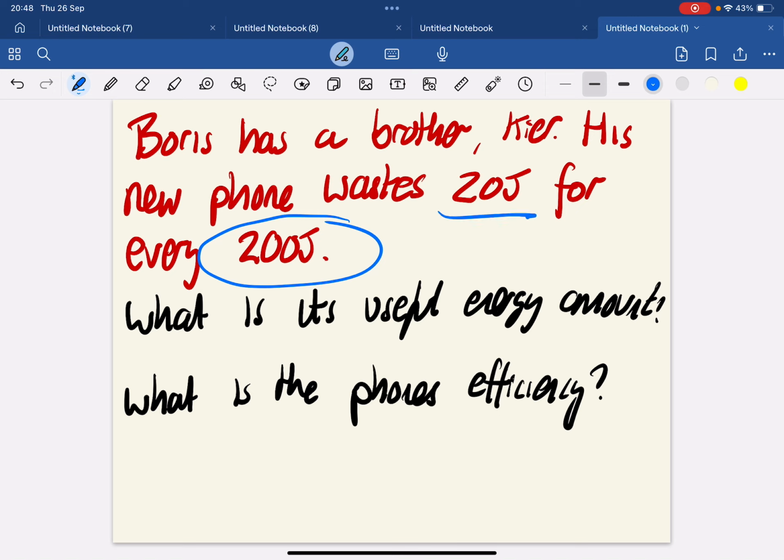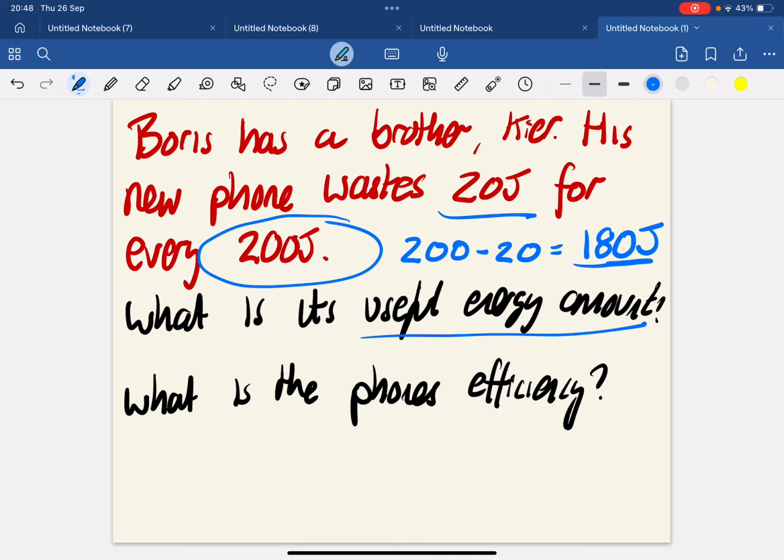It wastes 20. So to work out our useful energy, it's going to be 200, take away 20, and that is equal to 180 joules. So our useful energy amount is 180 joules. 20 joules is then wasted.